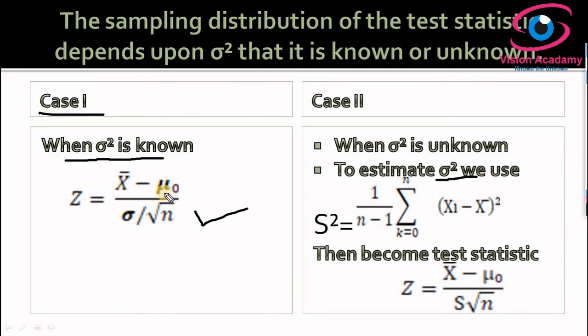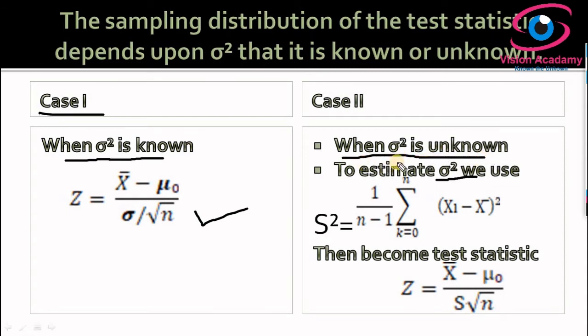Mu is the population mean, and the standard deviation, in this case, you know. So the standard deviation you can apply directly to the formula. And n is the sample size. You take the root of n and then divide. In this video, I will address when the variance is known. In the next video, I will address when the variance is unknown.